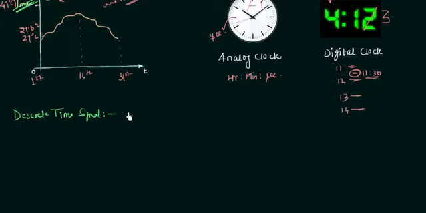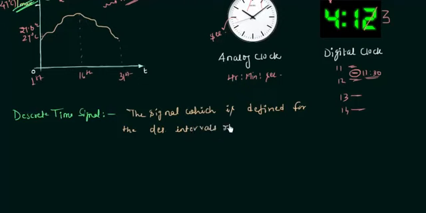The signal which is defined for the discrete intervals of time is called as the discrete time signal.